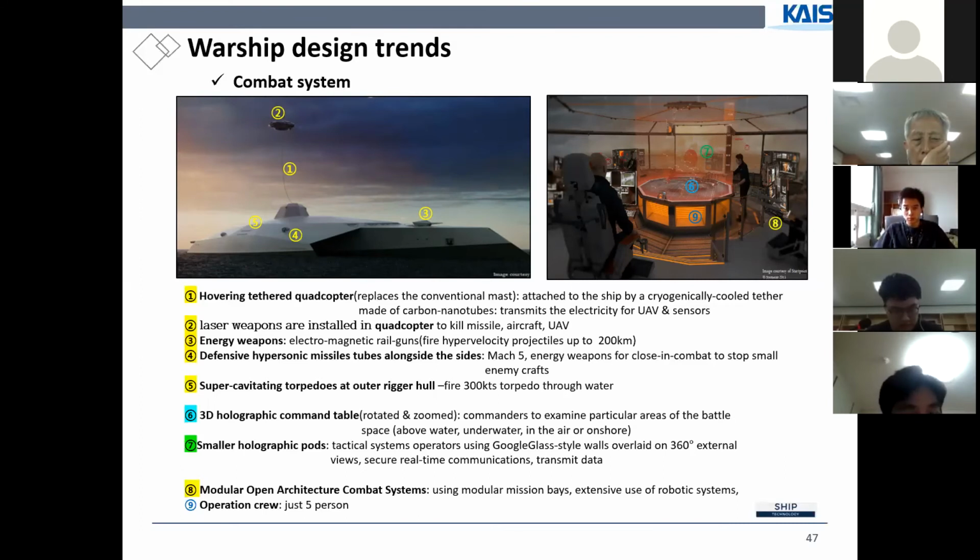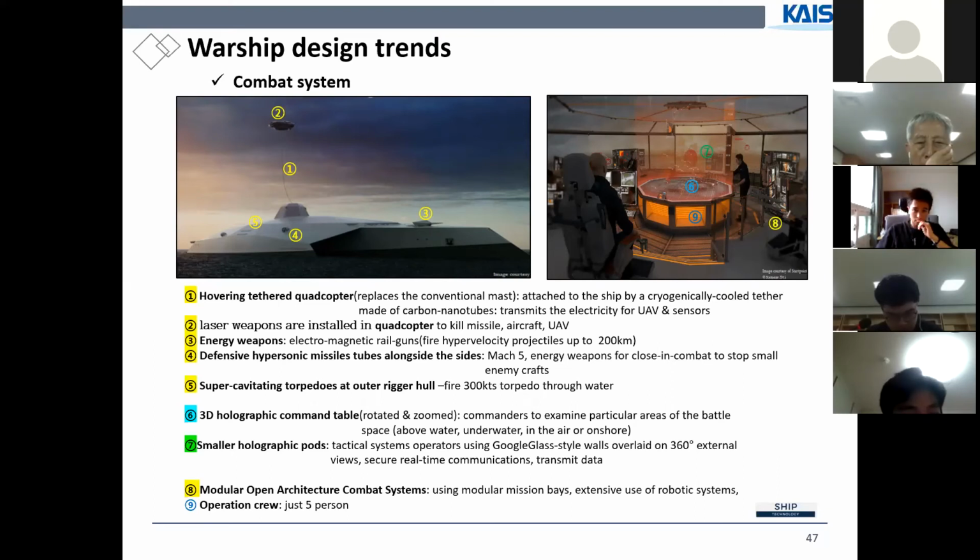Normally it is a quadcopter like that, and in operation it goes to the higher level of the air. So this tethered carbon nanotube is very high technology.